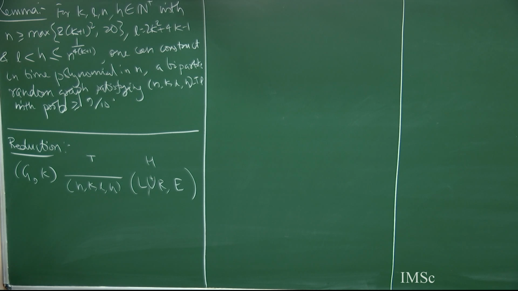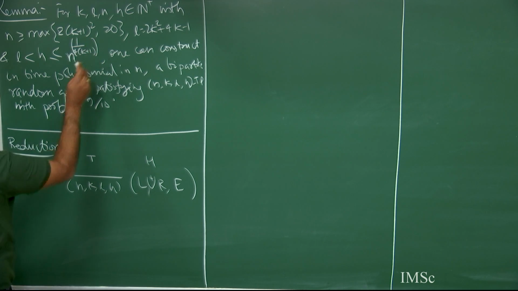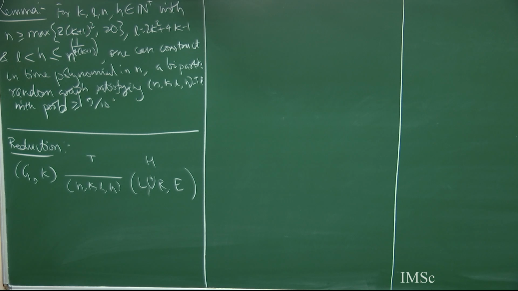The condition is n to the power 1 by 4(k+1), where x is like 1 by 4(k+1). So this is what we constructed, right?